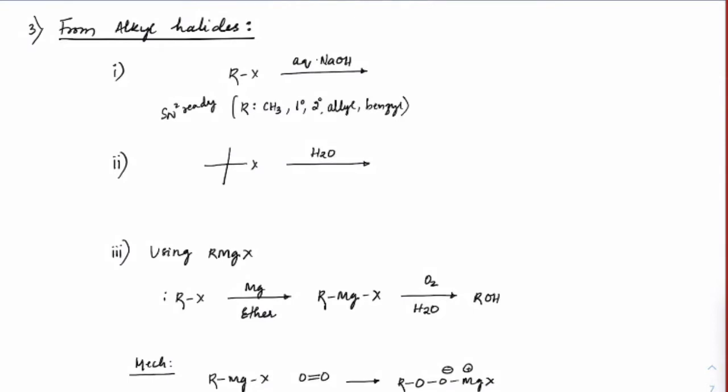In all of these cases, we can expect the SN2 mechanism to be favored, as OH minus is a strong nucleophile. This X could be chlorine, bromine, or iodine. In that case, we will get these alcohols.